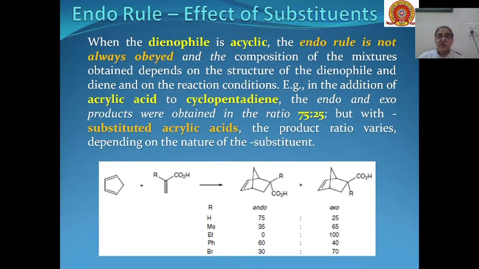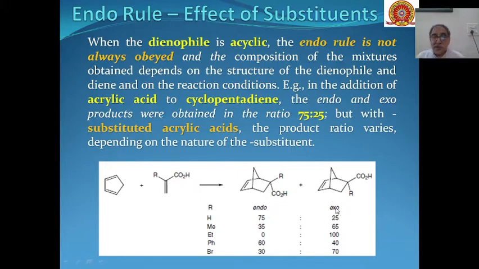So in the case of acrylic acid and cyclopentadiene, the endo and exo products are obtained in the ratio of 75 to 25. So you can see that in the case of acrylic acid the endo rule is obeyed, that more endo product is being formed in comparison to exo.